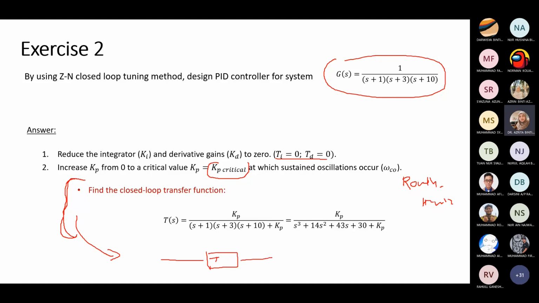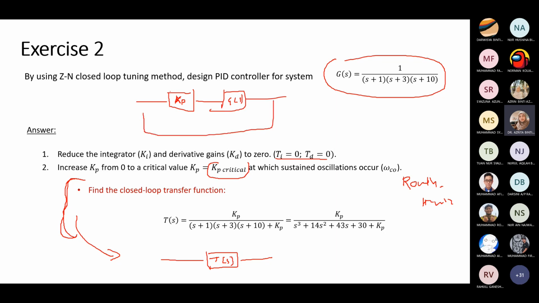So this is the value of T(s). Okay, since we set Ki and Kd equal to 0, we just assume that our controller is only the Kp proportional controller, or K gain controller. So this is our system.